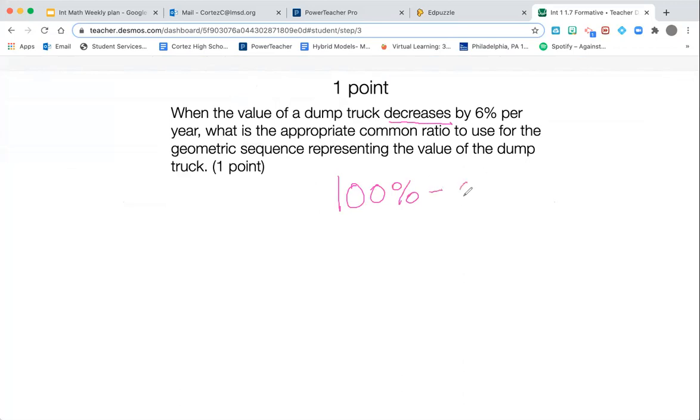So I'm deducting 6%: 100 minus 6 leaves us with 94%. Similar to the previous problem, going from percent to decimal, get rid of the percentage sign, move the decimal point over two places, drop it like it's hot. So 0.94 is our common ratio here.